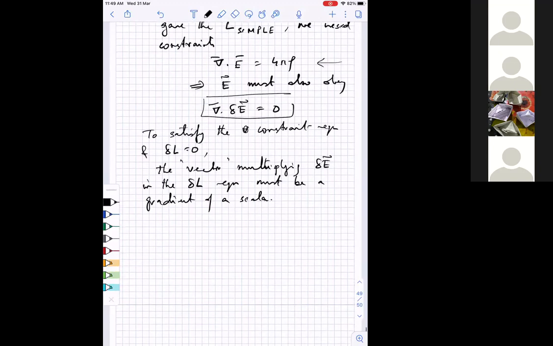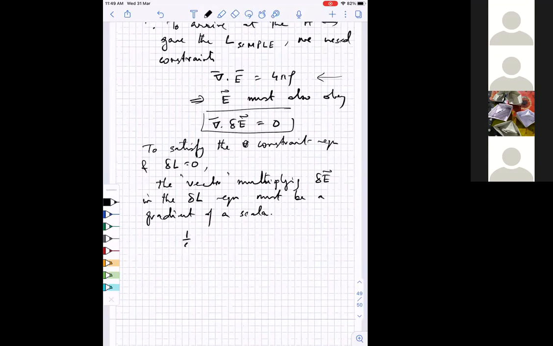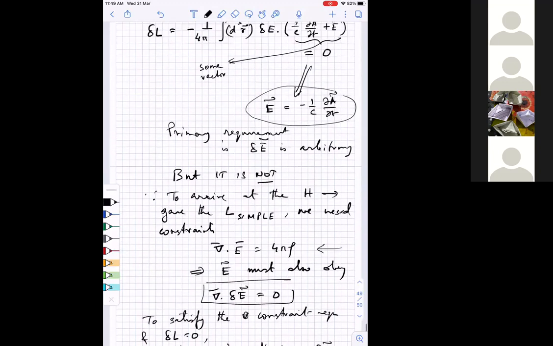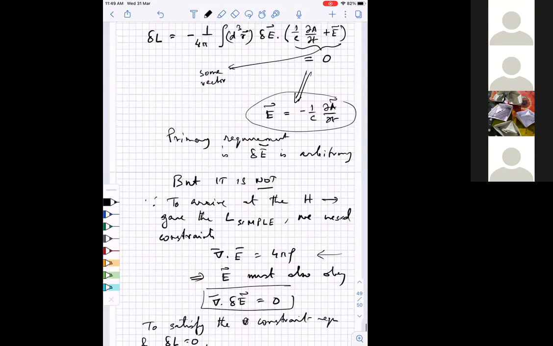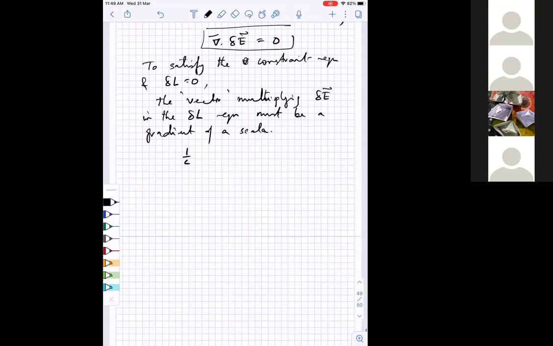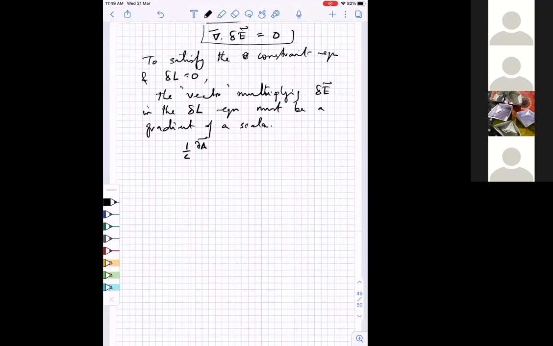That basically means I will have my 1 by C del A del T plus E, this has to be a gradient of a scalar.